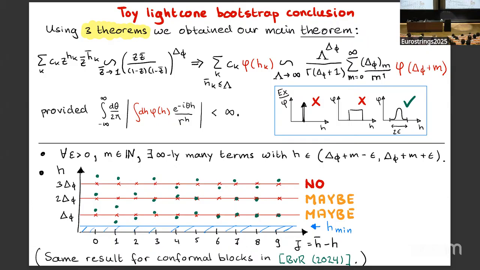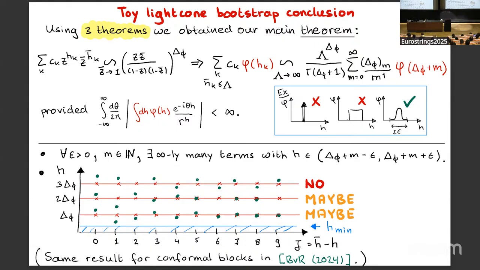So I have the OPE coefficients, I weigh the values of h with this test function, phi of h. I sum over all h bar, or all j, say less than or equal to lambda, and then as lambda goes to infinity, this must diverge as lambda to the delta phi, and then it has the known behavior from the right-hand side.